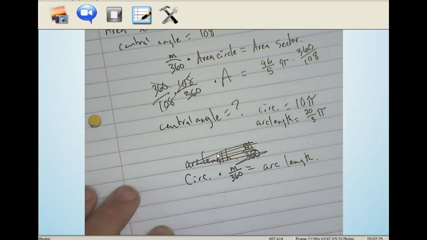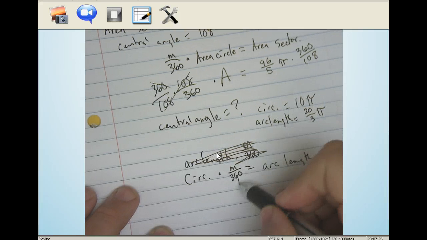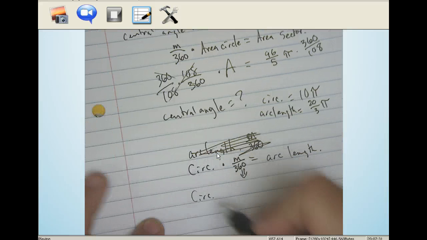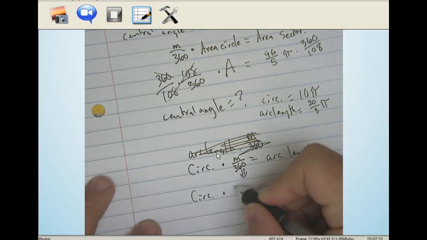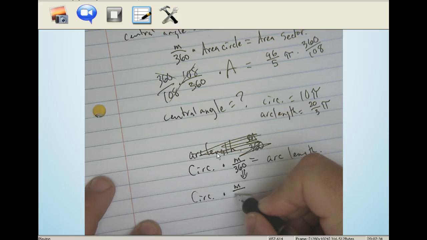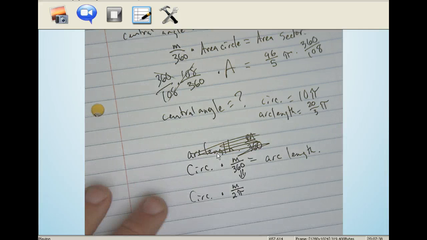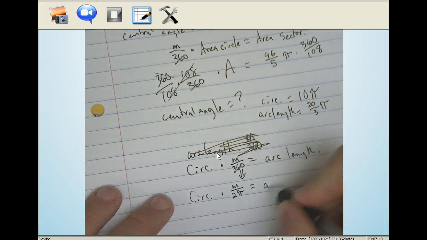But they don't want it in degrees, so we're going to have to convert this to radians, which really isn't a problem. So the circumference times the measure in radians out of 2 pi, there are always 2 pi radians in a circle, you've got to know that, is equal to my arc length.